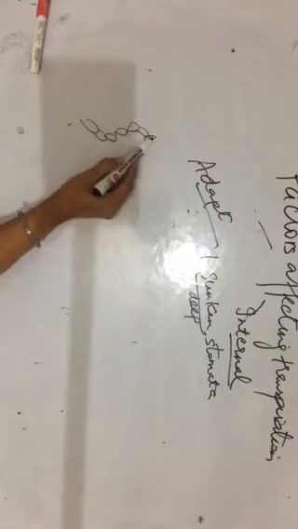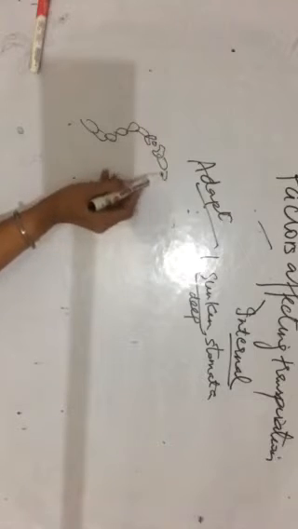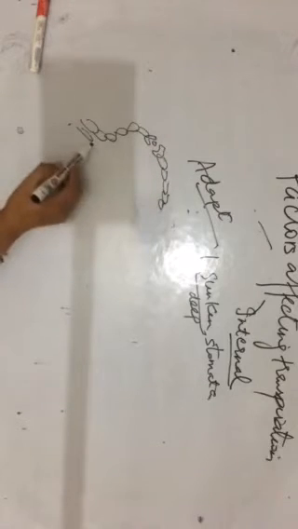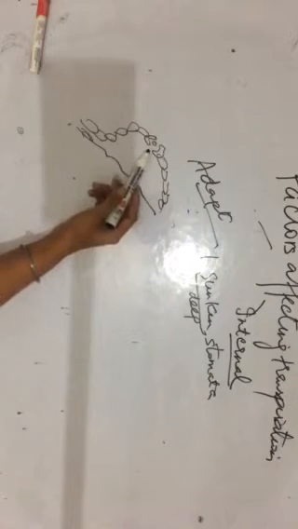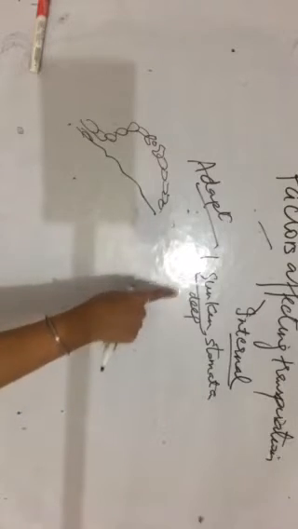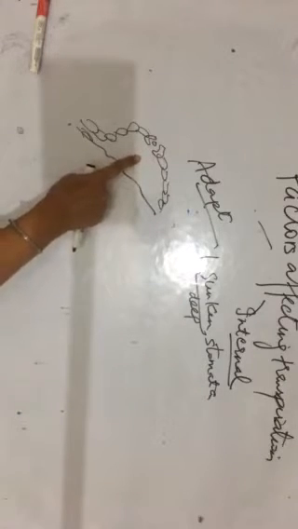The epidermis will fold itself, and here will be the stomata. This is what we call sunken stomata. Stomata remains hidden, deep. So if the plant wants to save water, it will get sunken stomata.